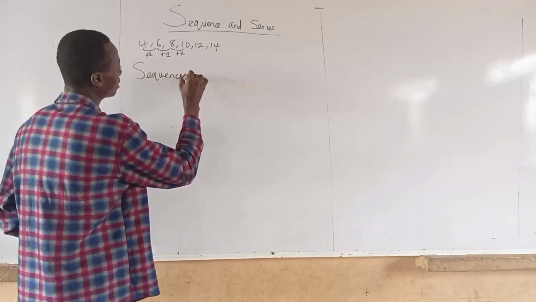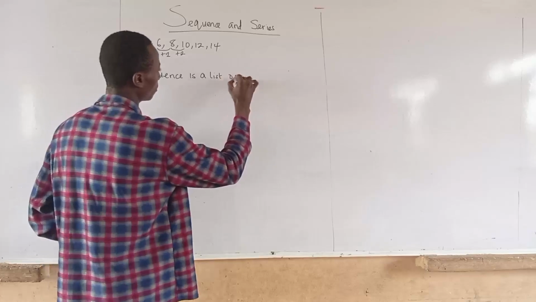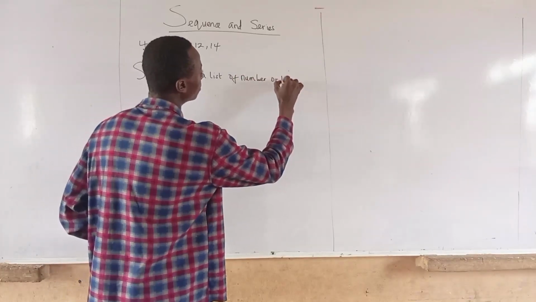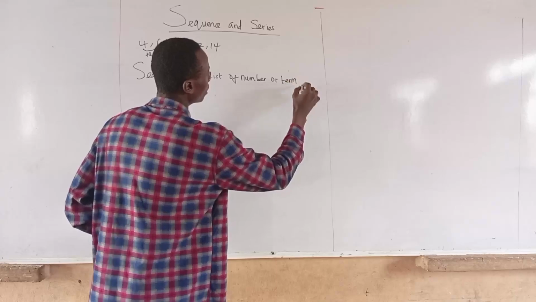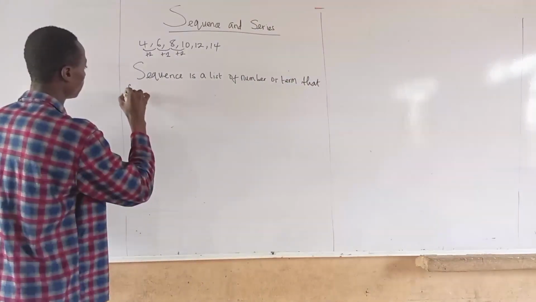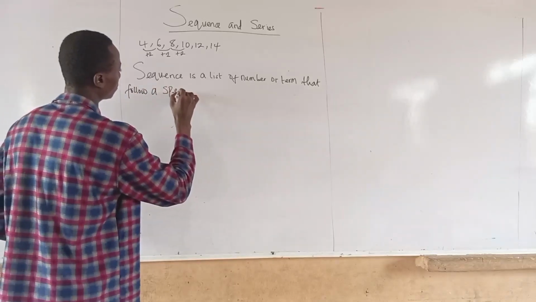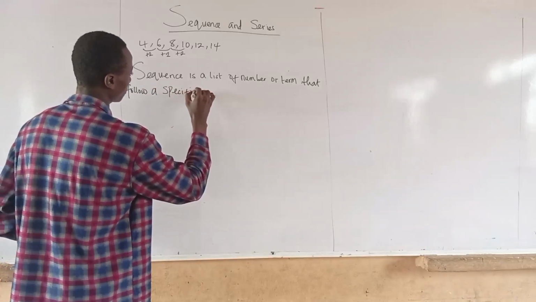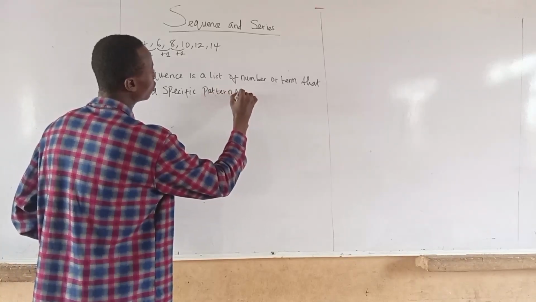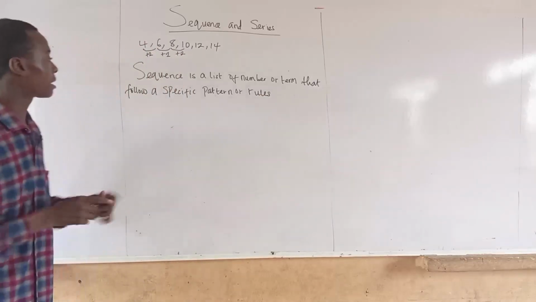A sequence is a list of numbers or terms that follow a specific pattern or rule.